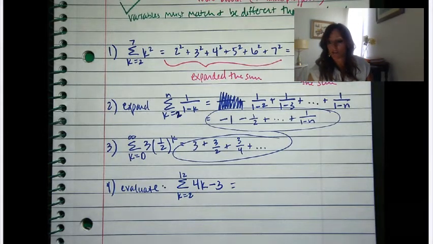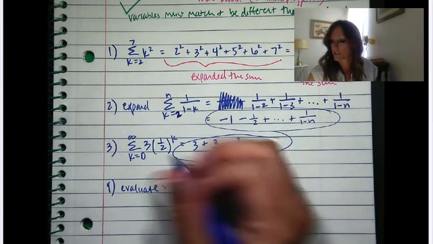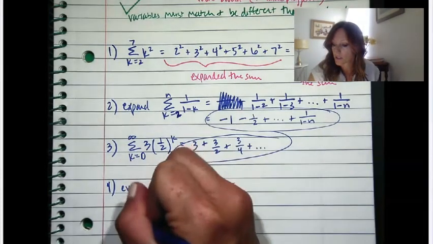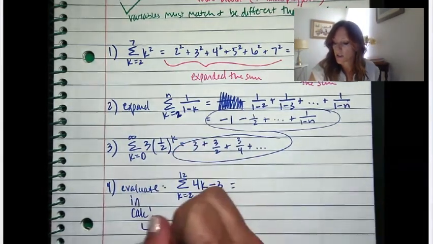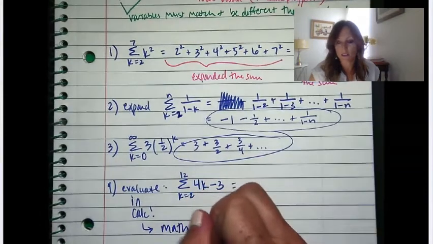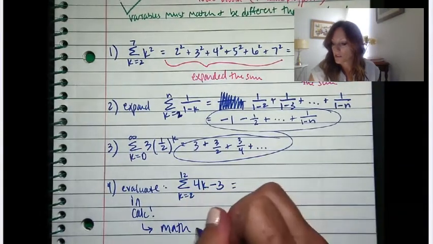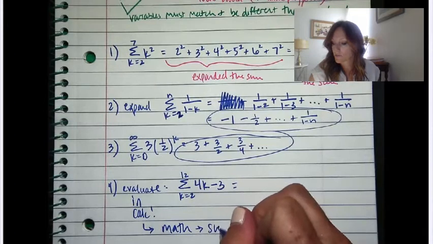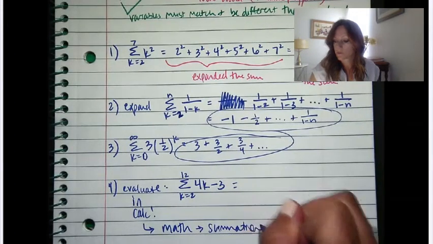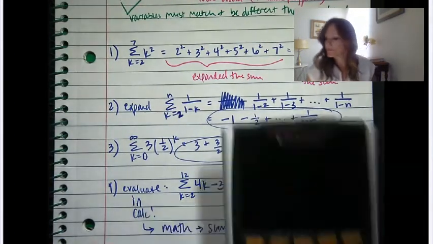I want you to know that there's actually a calculator tool to handle this. So we'll say in the calculator, you're going to press math. And under math, you can choose a summation. I'll show you that now.